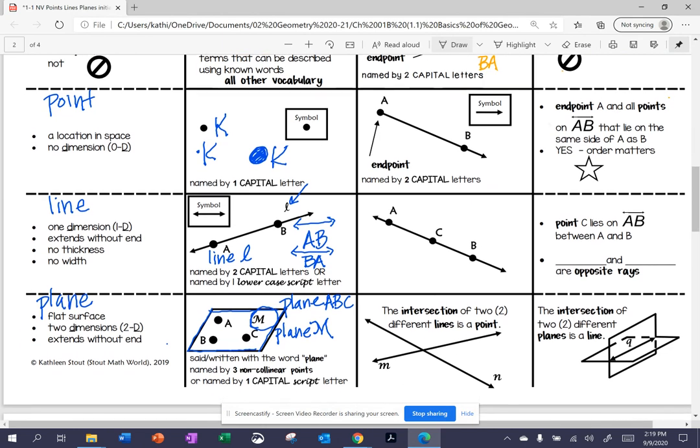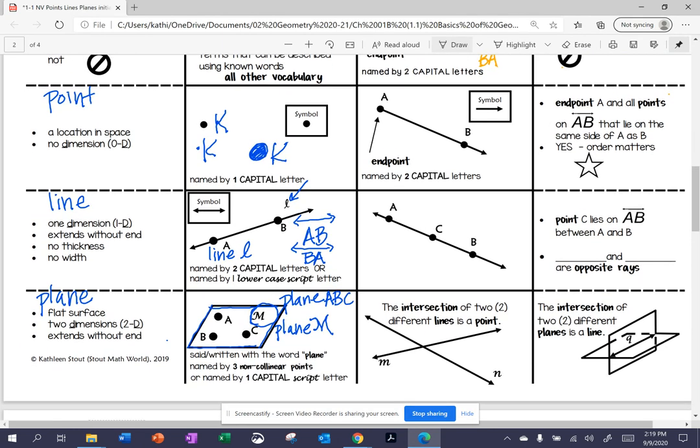Okay, the next vocabulary word I have is ray. A ray has an endpoint and all the points to the other end. So the order does matter. I always name the endpoint first. So this is going to be ray AB.